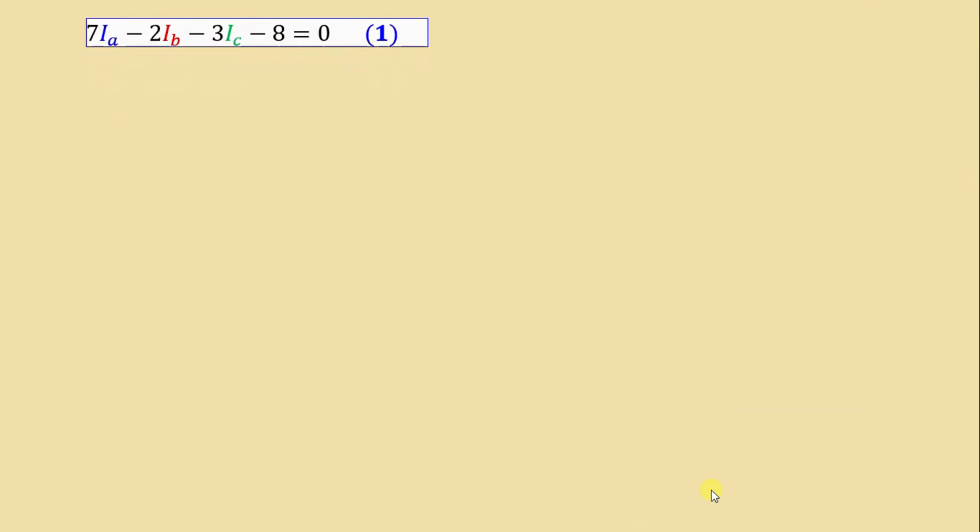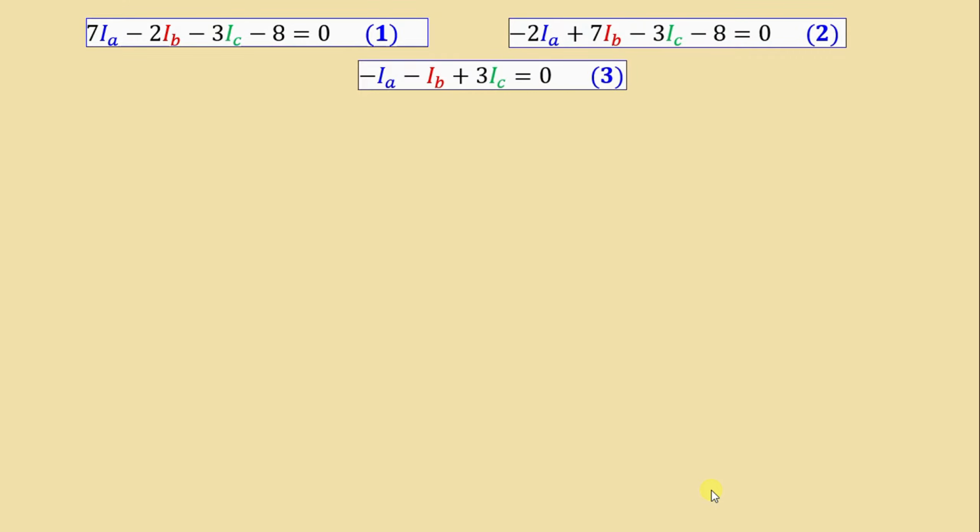Finally, we obtain the three equations which are necessary to find IA, IB and IC. We still only need to solve those equations to obtain IA, IB and IC. Let's start first with equation 1 plus 7 multiply equation 3.